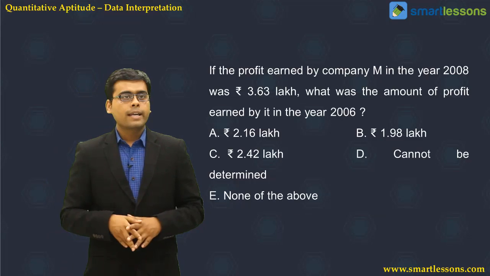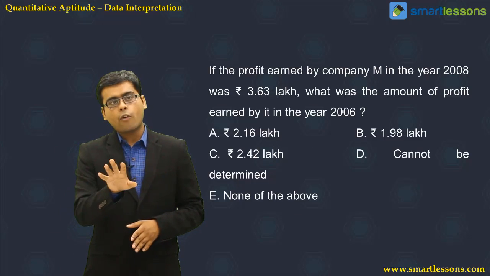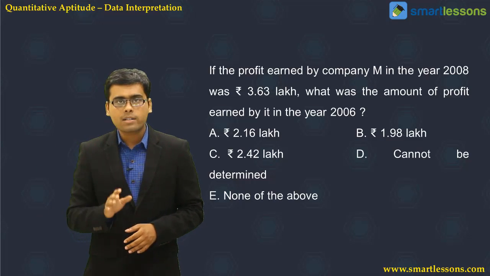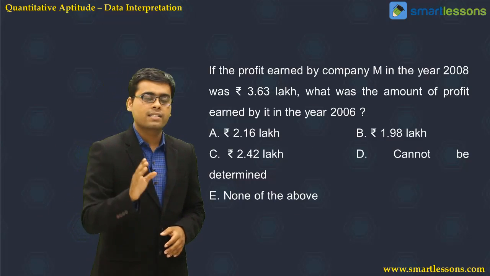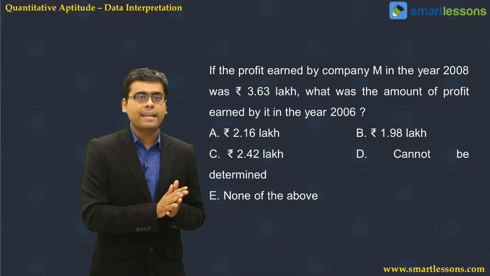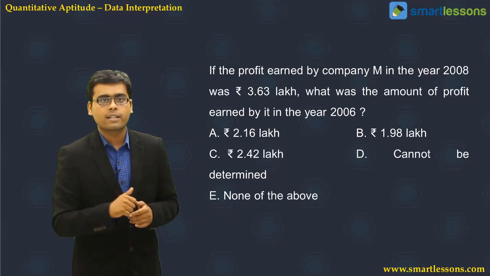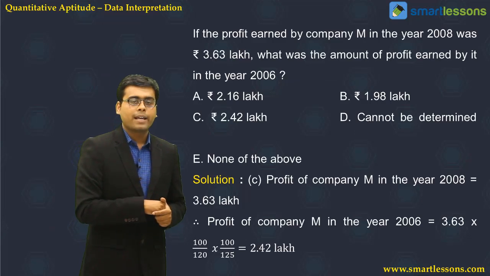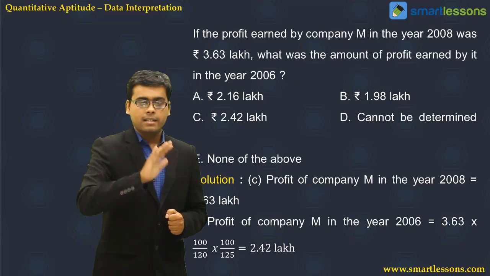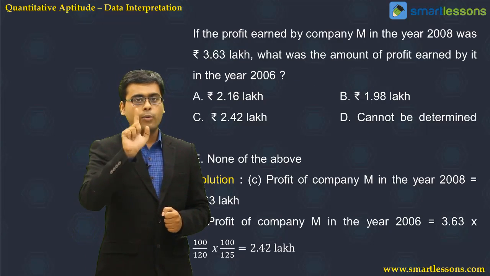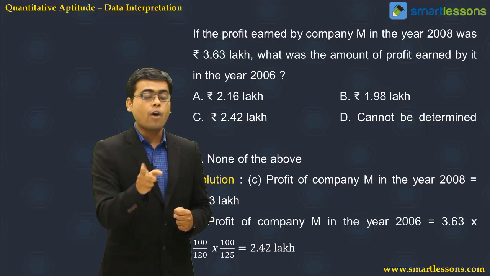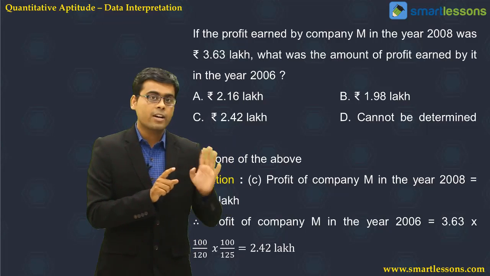Next one. The question is, if the profit earned by company M in the year 2008 was rupees 3.63 lakh, then what was the amount of profit earned by it in the year 2006? Now, as you can see, in the year 2008, the profit percentage was 20%, and in the year 2007, profit percent was 25%.